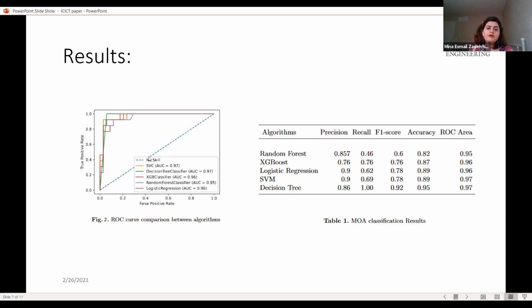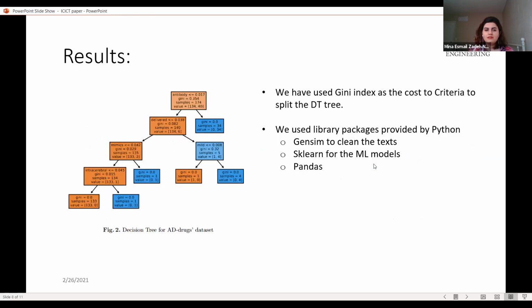You can see the ROC curve comparison here on the left side, and it's based on these tables, so they're essentially the same. Then you can see the decision tree visually over here, and there are some specific words like antibody, delivered, mimics.